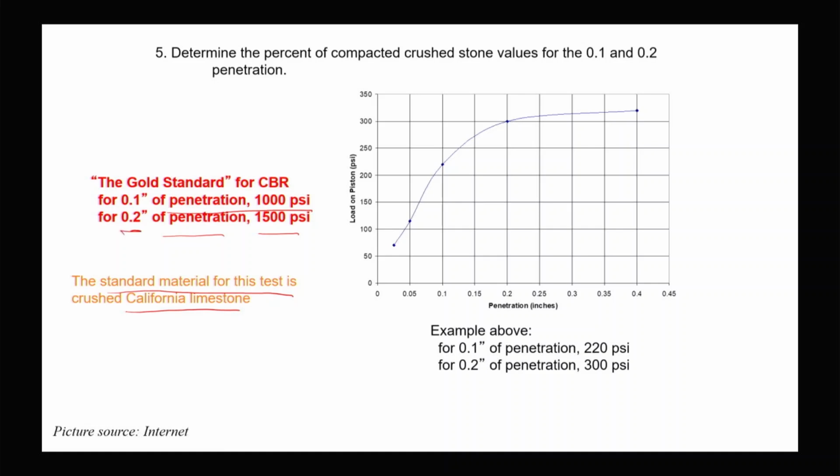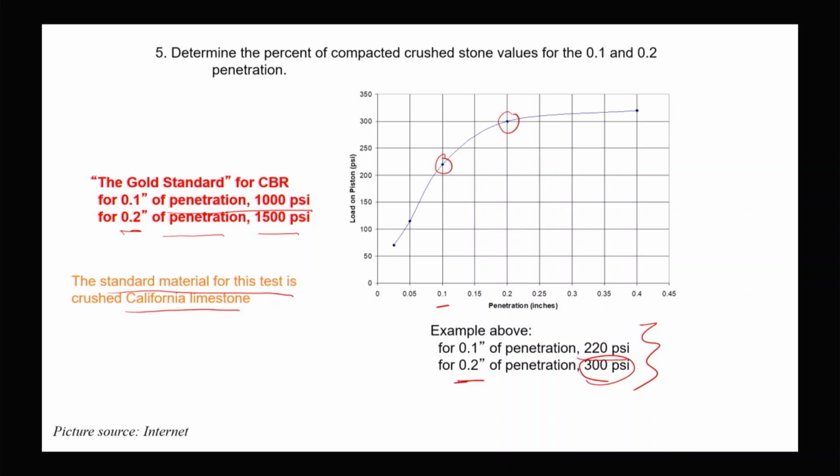Okay. Now let us see our test sample. For 0.1 inch penetration we needed only 220 psi, and for 0.2 inch penetration it was only 300 psi. So these are our sample values for 0.1 inch and 0.2 inch penetration.